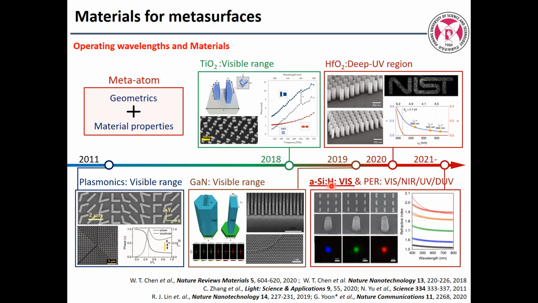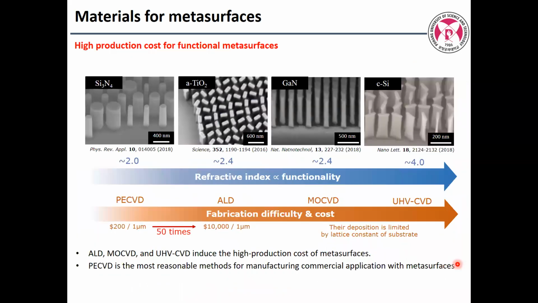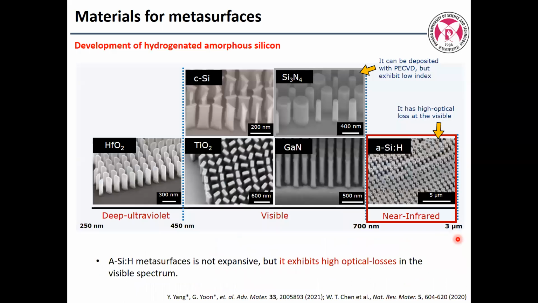This is amorphous silicon, but engineered by hydrogen injection and modification of the band gap. You can compare ALD, MOCVD, and ultra-high vacuum CVD. PECVD has a benefit in terms of price and simplicity of fabrication.